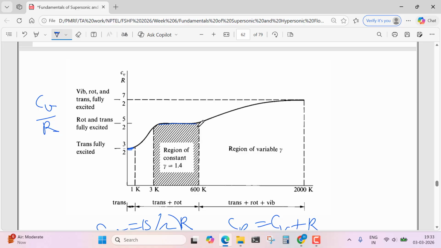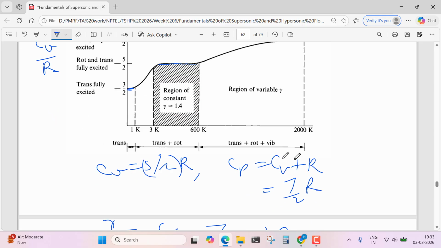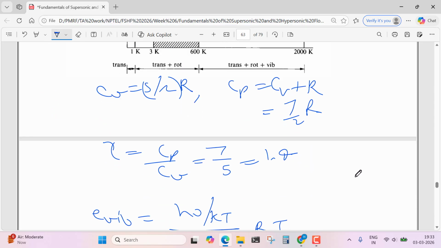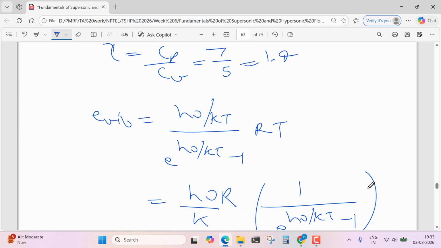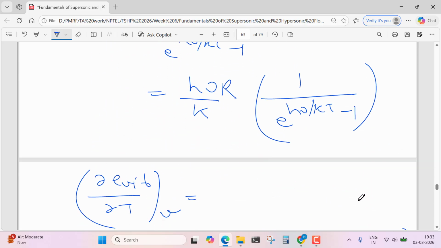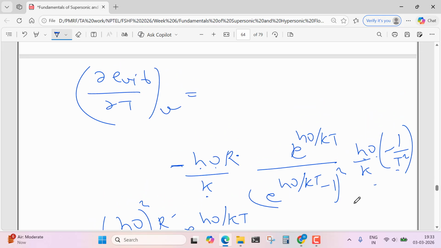At 600 Kelvin the vibration energy also starts getting excited, and by 2000 Kelvin it is fully excited. After that there will be electronic energy and other kinds of energy also. So like this we find the CV.